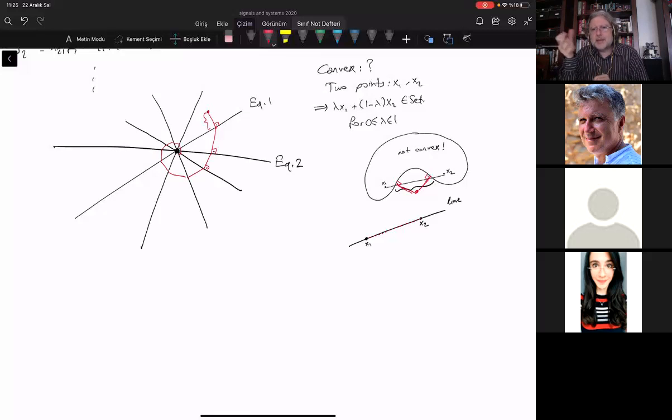By making iterative projections onto these equations, you will hopefully quickly converge to the center position, the intersection position. That is the strength, the power of alternating projections.